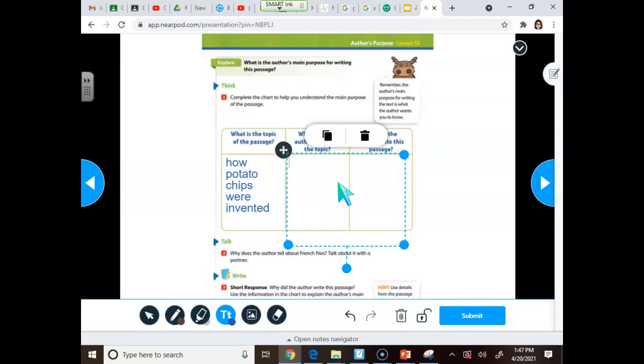All right, who was it about? George Crumb made thin potato chips. Why? Because a man did not like his what?